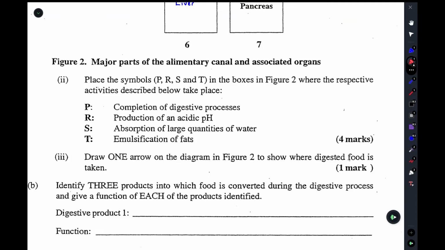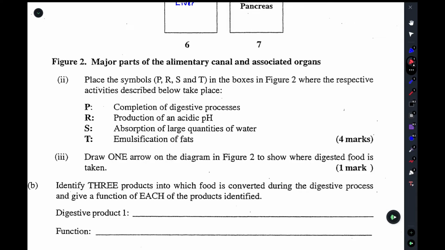Now in part 2, they want us to draw one arrow on the diagram in figure 2 to show where digested food is taken. So like we said previously, the digestion of food is completed in the ileum. Most of the food is water soluble and the majority is taken into the bloodstream at the villi.